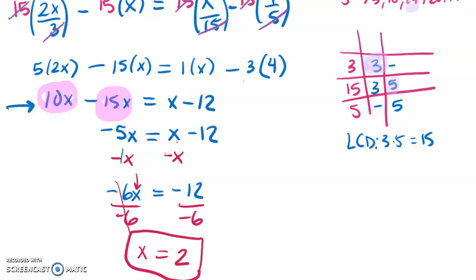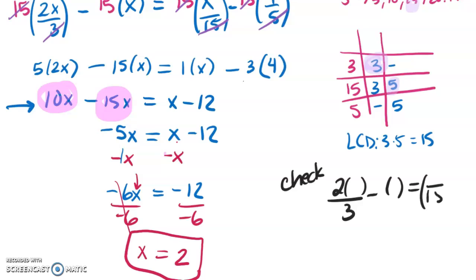And again, you want to check it. You want to check it by taking that proposed solution and going back to the original. In the original, wherever I have an x, I put a blank spot, and in its place I'm going to put the number 2.